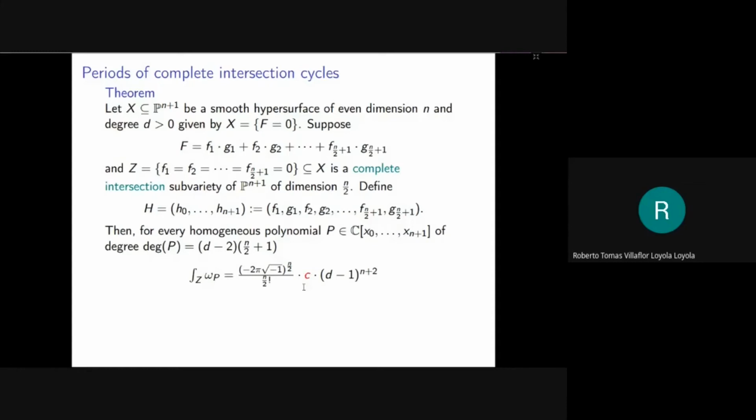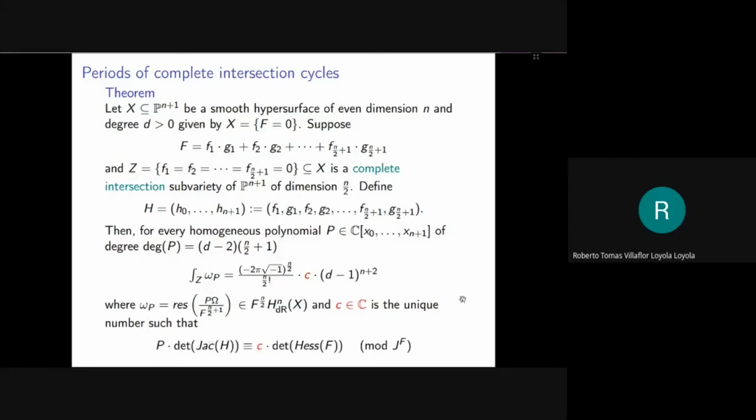And how do we compute this number c? It is as follows. As I said before, this omega_p is just an element of Griffiths' basis, the residue of this meromorphic form. It will land in the middle part of the Hodge decomposition, of the Hodge filtration. And c is characterized by the following property. This is the unique complex number which satisfies the following equation.